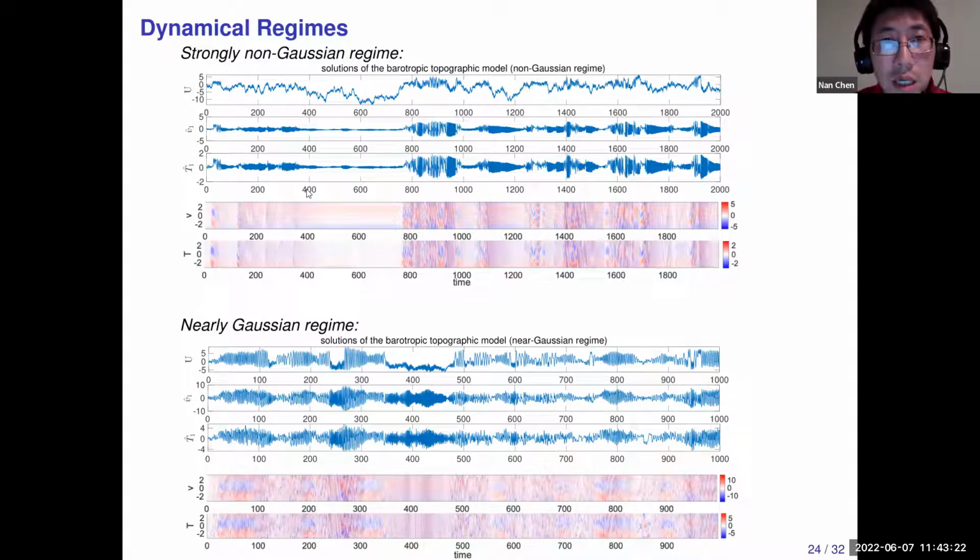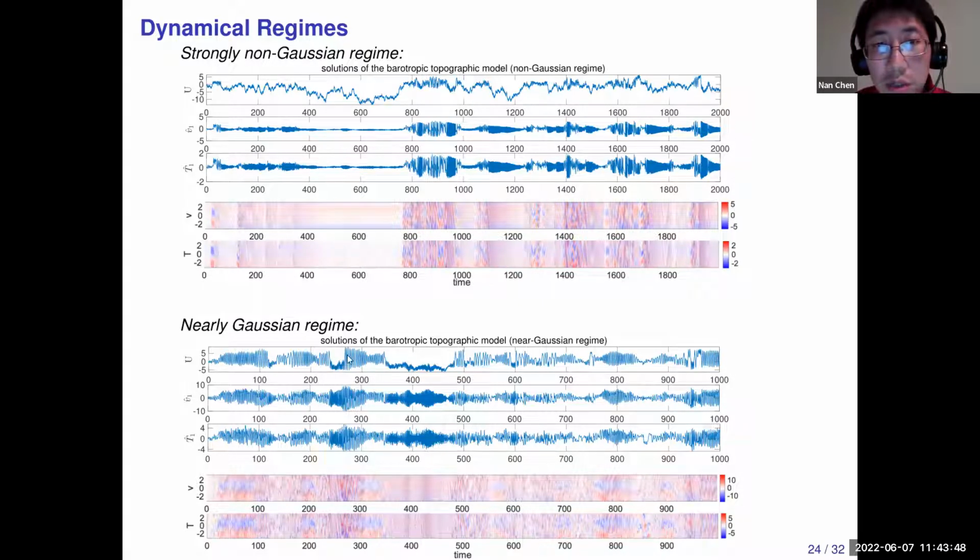So this regime is highly non-Gaussian because you can see this regime switching behavior. Basically, you have very small amplitude for a while, then big amplitudes. So overall, your distribution has fat tails because of these big events. While for this regime, you have slow and fast oscillations, but overall, the amplitude stays at the same level. So if you look at the statistics, then the PDF will be nearly Gaussian.